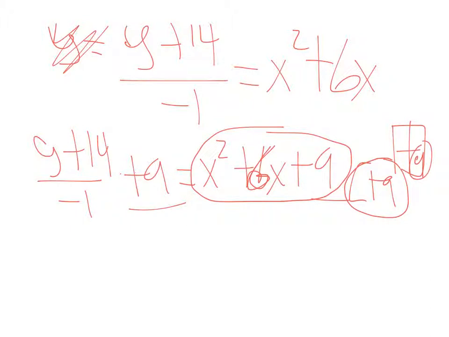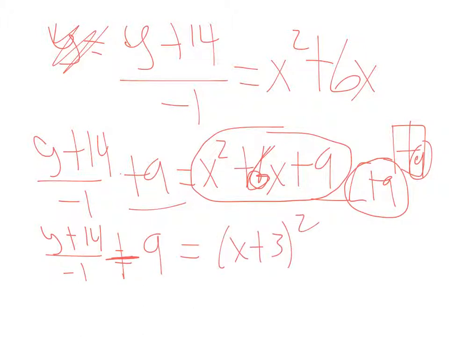It's x plus 3 by x plus 3. So I've got y plus 14 divided by negative 1 plus that 9 equals x plus 3 squared.